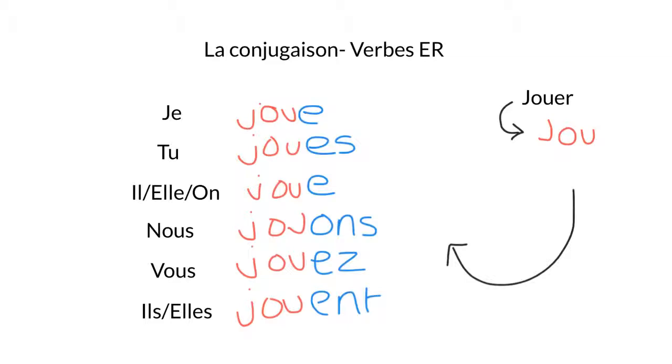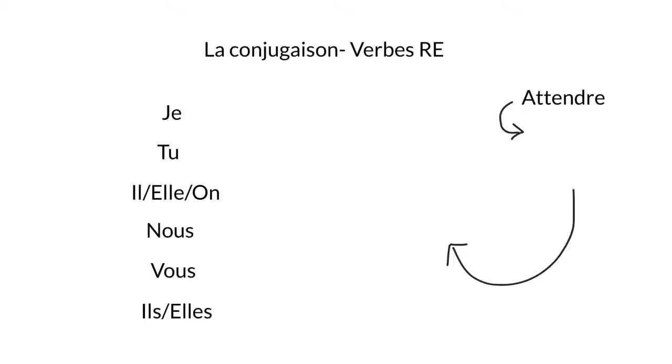So as you can see, it's quite a simple structure of how to remember them, and it's actually very easy to remember very quickly. Once you have mastered the conjugation of ER verbs, it's time to move on to RE verbs and IR verbs, which you might as well learn at the same time because they come up about the same amount of times.